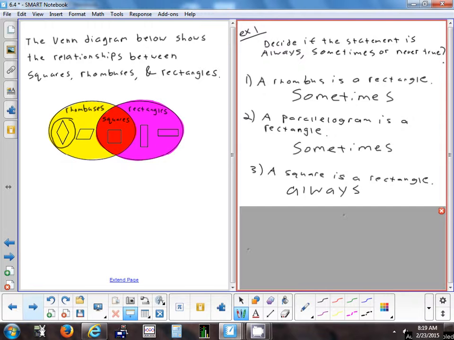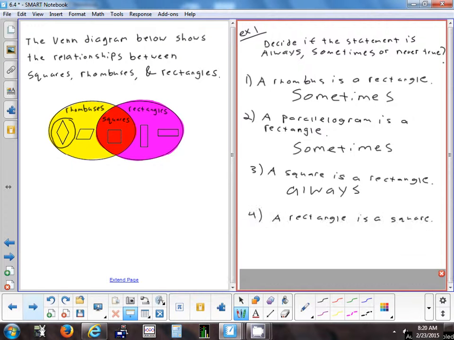It's like saying, start with a small category and then go bigger. If you live in Boston, do you live in Massachusetts? Yes. That's always true. Boston is the small category, and it's always within the bigger category of Massachusetts.